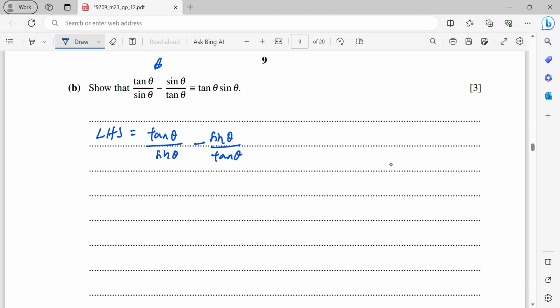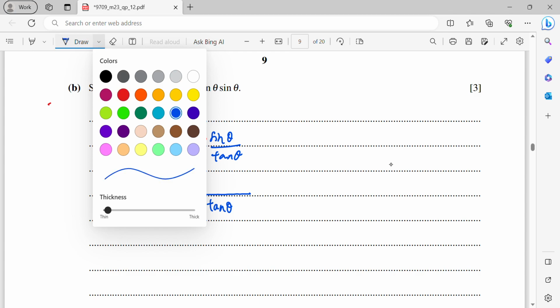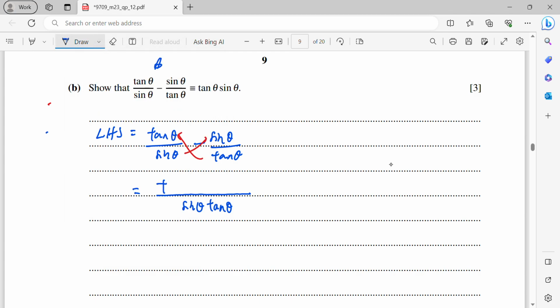When you need to simplify this, the easiest way is to get the same denominator, which means you combine the sine theta and tangent theta. So now I combine both, and my numerator is like cross multiplication. So I will be getting tangent theta times tangent theta, which is tangent squared theta, then minus sine theta times sine theta, which is sine squared theta.